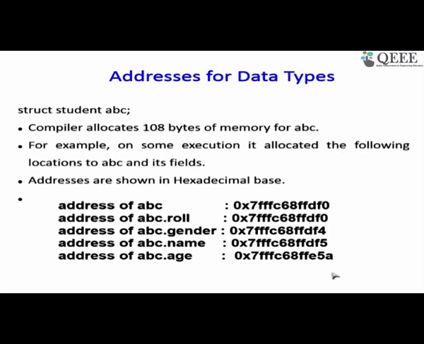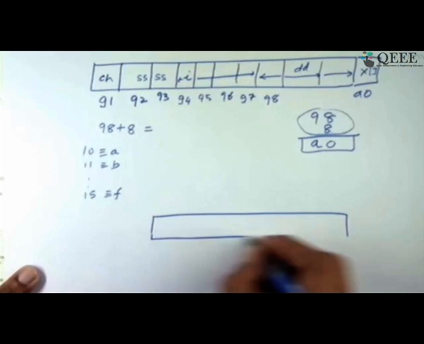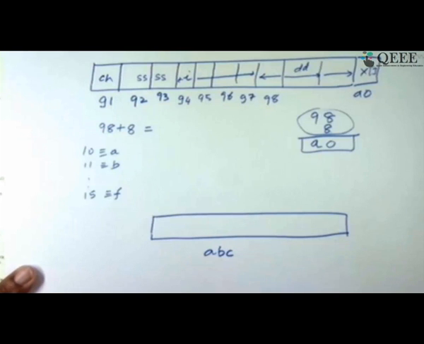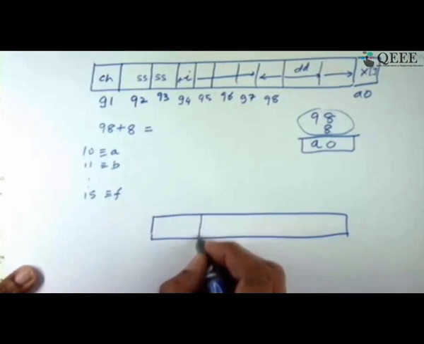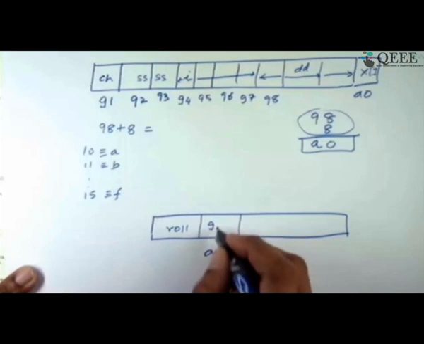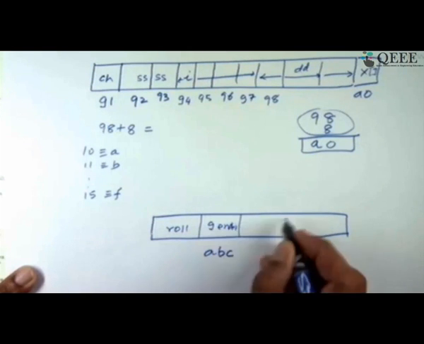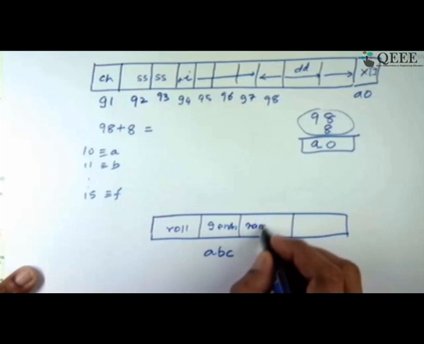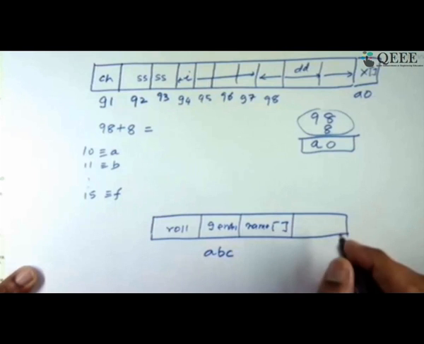So for a struct, as you can see, I'm just looking at addresses right now. ABC is the name of a student data. The typical fields are, one is called role, the other is called gender. They are the names given by me. Then this is followed by a name array and so on, and followed by age. They have different types.